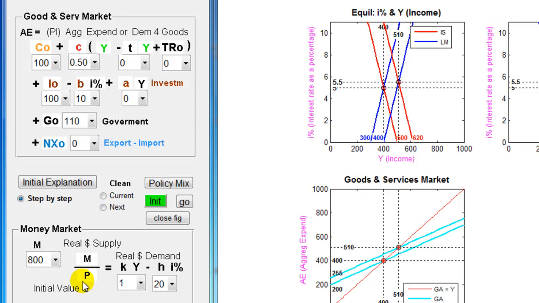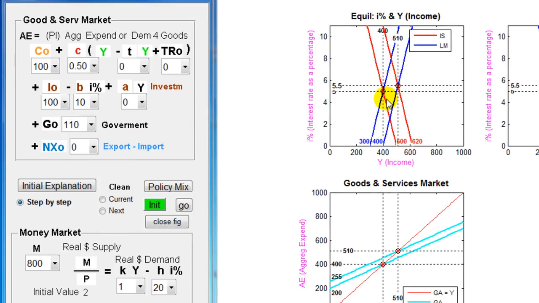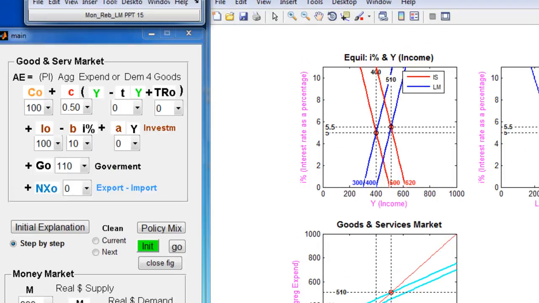So it is similar to a contractionary monetary policy, but instead of M going down, P goes up, but the effect is the same. The real money supply goes down, and then when that happens, we know that this LM curve shifts toward the left. So this is what we are going to see when the price level increases.